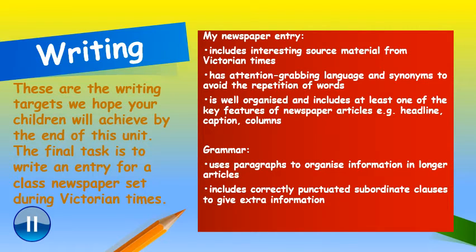It is well organised and includes at least one of the key features of newspaper articles, such as headlines, captions, or columns. In grammar, we'll use paragraphs to organise our information into longer articles. And this will include correctly punctuated subordinate clauses to give extra information.